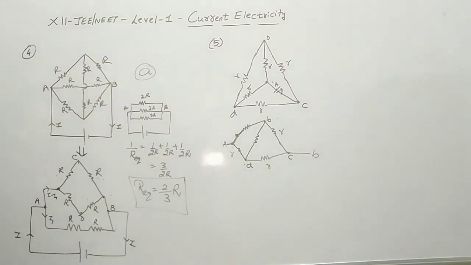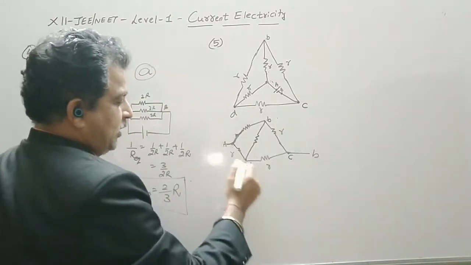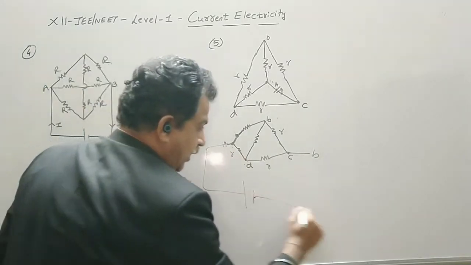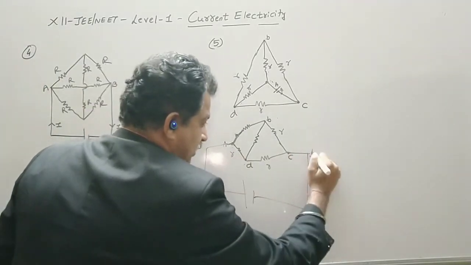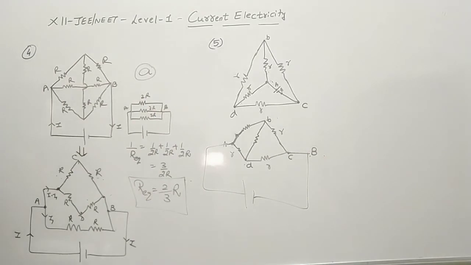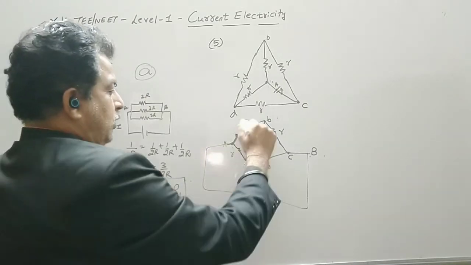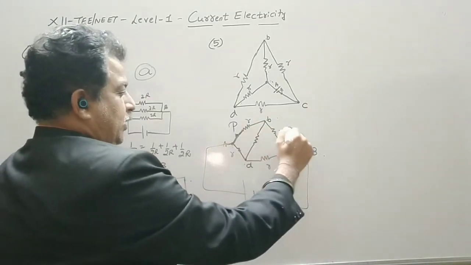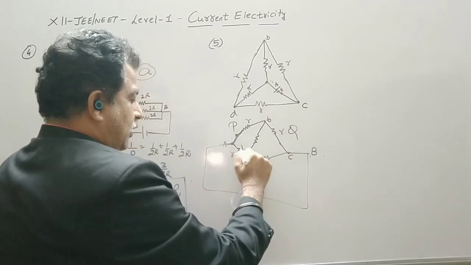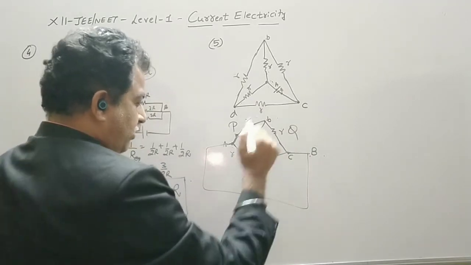Pulling this up and restructuring, it is clear that if I connect a battery here, and this point is capital B, it becomes a Wheatstone bridge. These are the four arms. Let us name this P and this Q, the standard points which we have used.